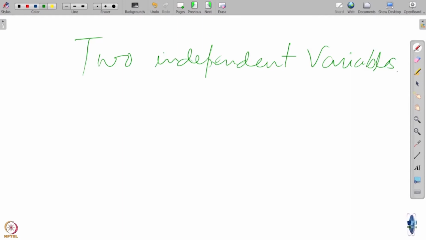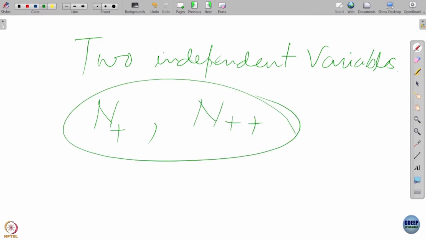One of them I will take as either n plus or n minus, but only one of them is possible. So, I take n plus, and the other I take n plus plus. So, these are now my independent variables, and everything else has to be expressed in terms of them.